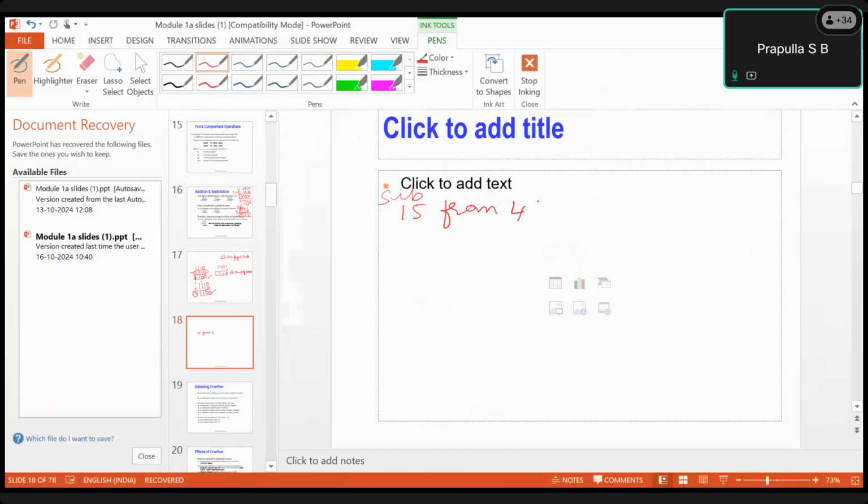I have to subtract 1111 from 4. How do you represent 4? 4 is 100, but I have to make it 4 bits because 15 is 4 bits. Obviously 15 is a greater number and 4 is a smaller number.